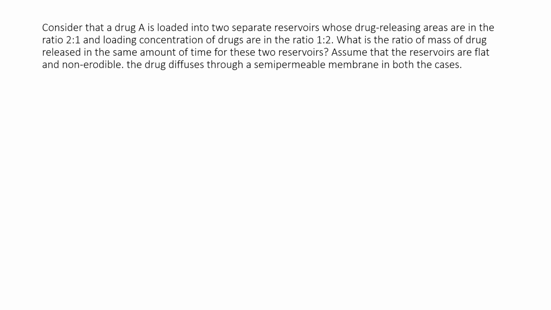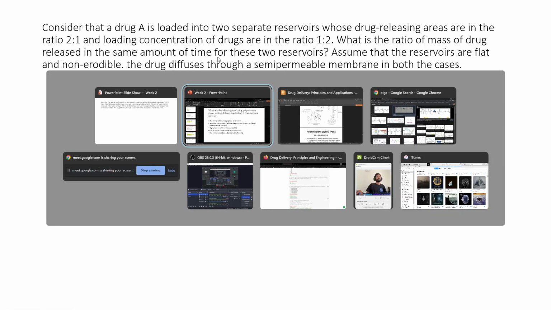What is the ratio of the mass of drug released in the same amount of time? If both reservoirs are studied for drug release, for a given time, how much drug is released by each, and what is the ratio of these amounts? Assume the reservoirs are flat and non-erodible, and the drug diffuses through a semi-permeable membrane.